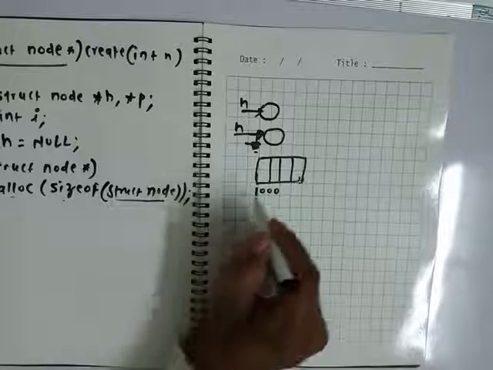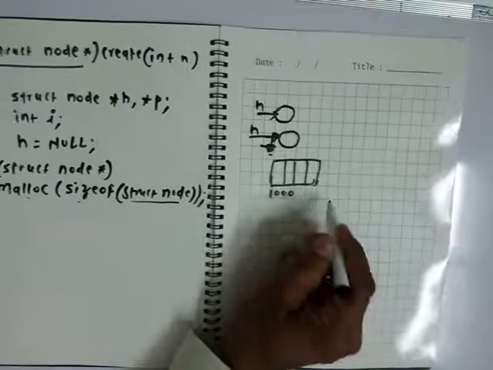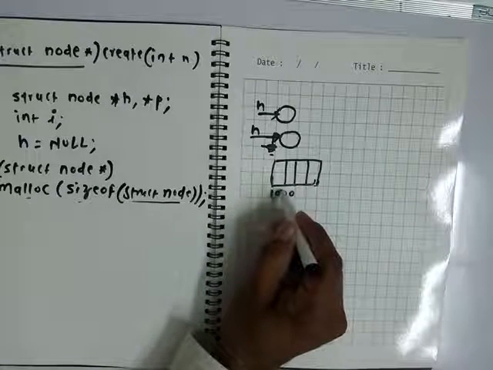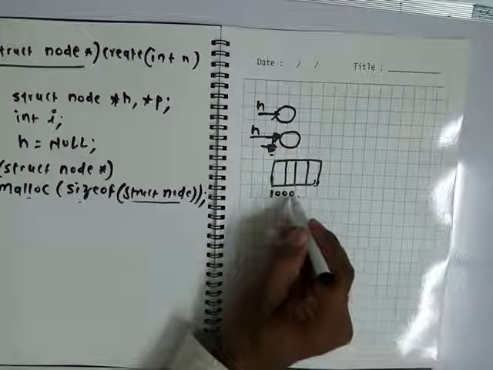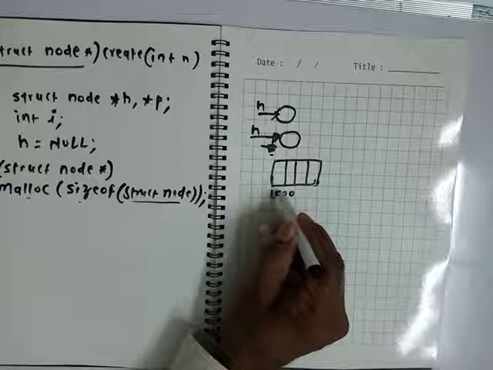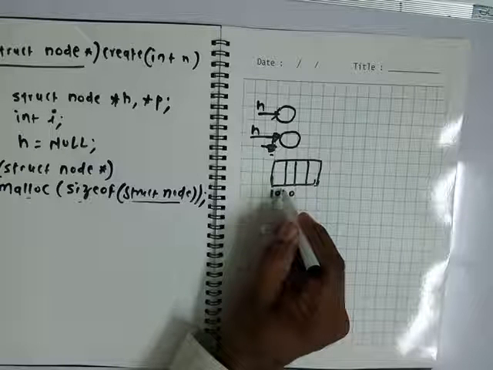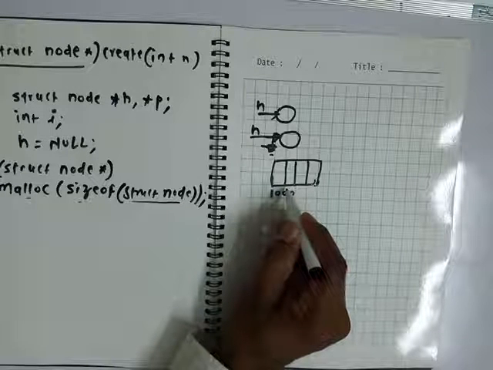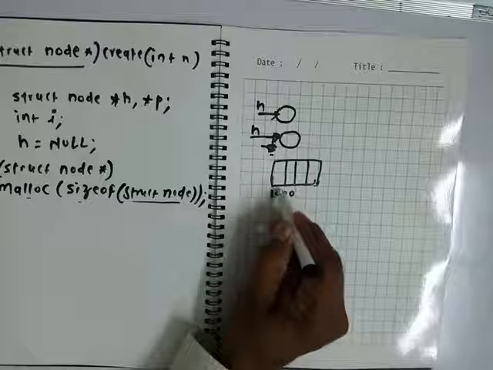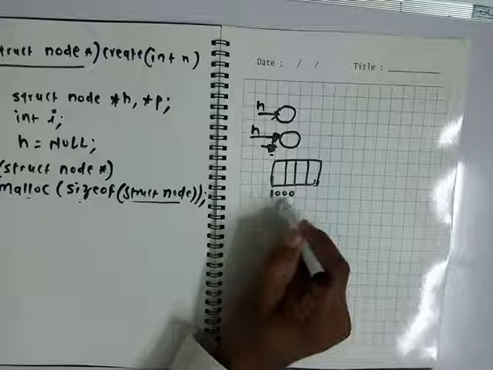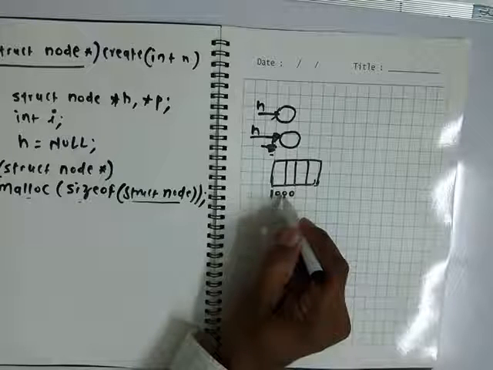So malloc reserves a block of 4 bytes, and it also returns us a pointer. After reserving the required memory, it tells us the address of the memory reserved. So if the starting address of this memory which is reserved for us by malloc is 1000, malloc will return us that 1000.